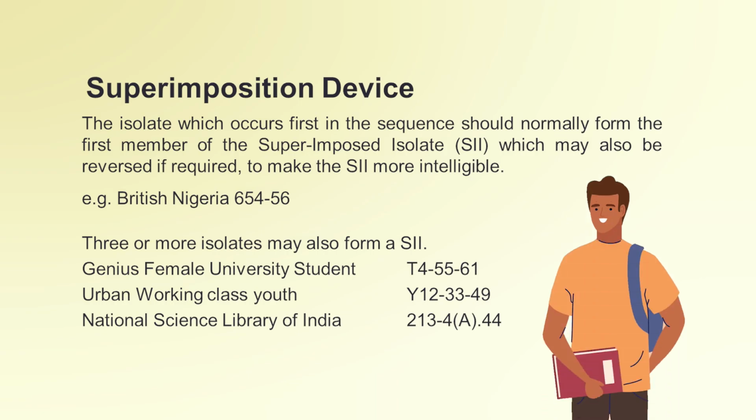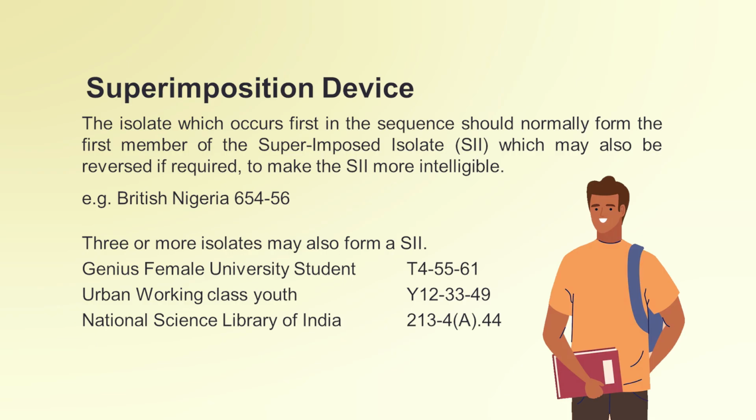The isolate number for British Nigeria will be formed as 654-56. Here the 654, the notation for Nigeria, came first because it is the dominating isolate here. That is, Nigeria ruled by British.